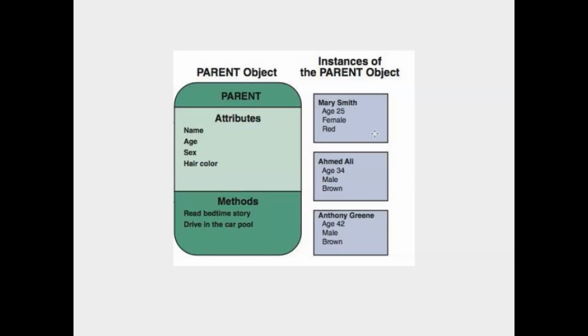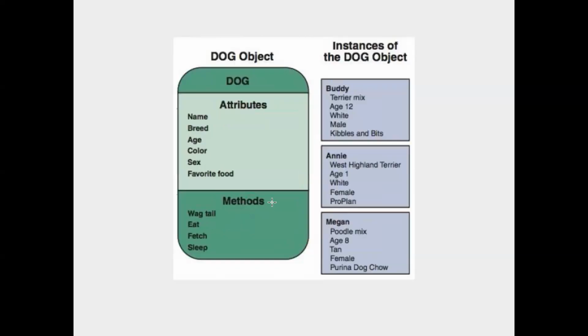Instance means the real values of this parent object. Here we have Ahmed Ali, age 34, male, hair color is brown. Anthony Gina, age 42, male, and hair color is brown. So you see the graphical representation of the parent object as well as the instances of the parent object.